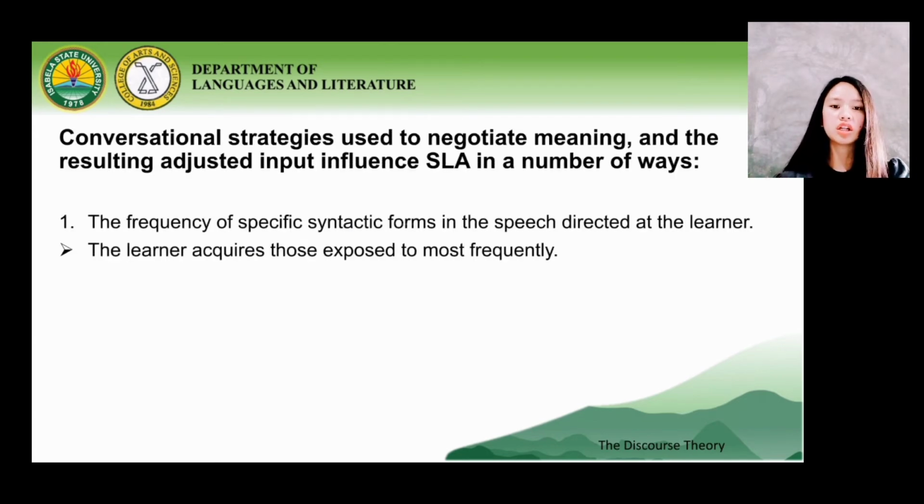So, conversational strategies used to negotiate meaning and the resulting adjusted input influence second language acquisition in a number of ways. First, the frequency of specific syntactic forms in the speech directed at the learner. So the learner acquires those exposed to most frequently.